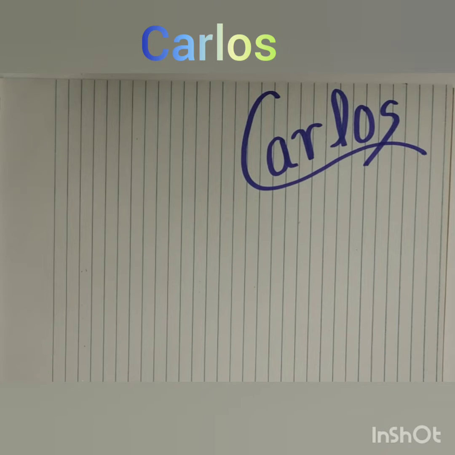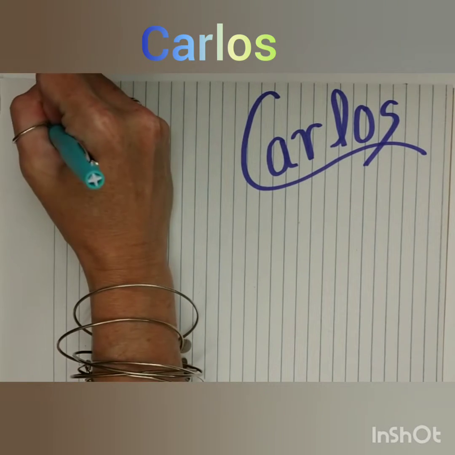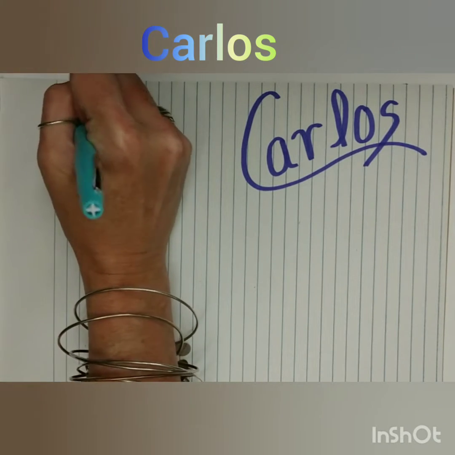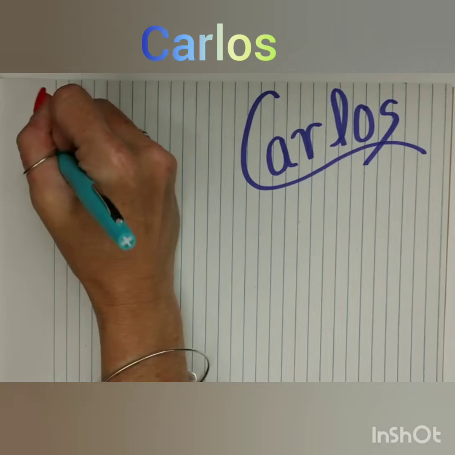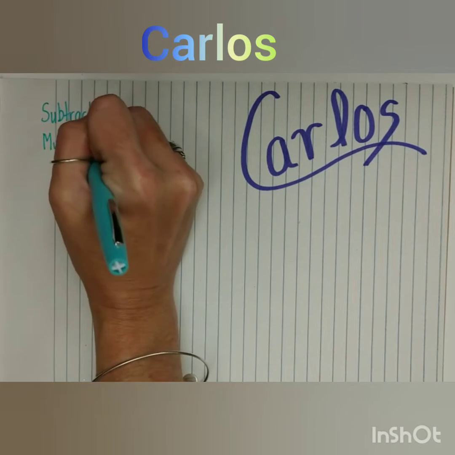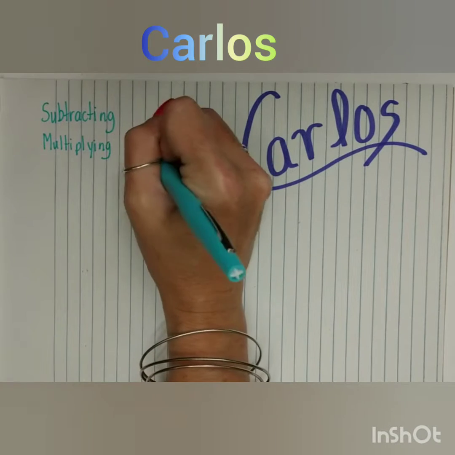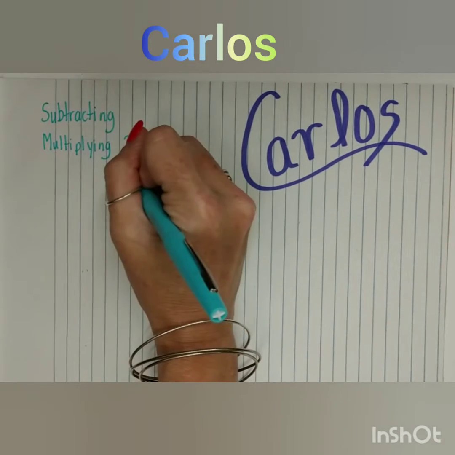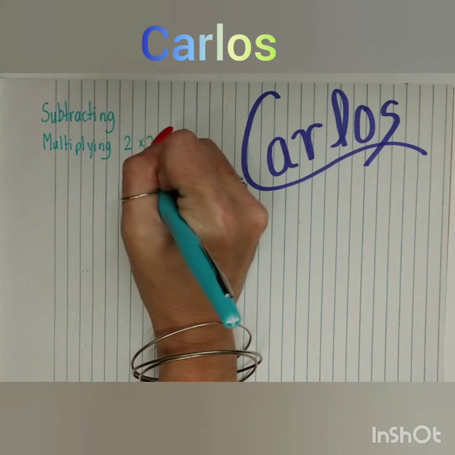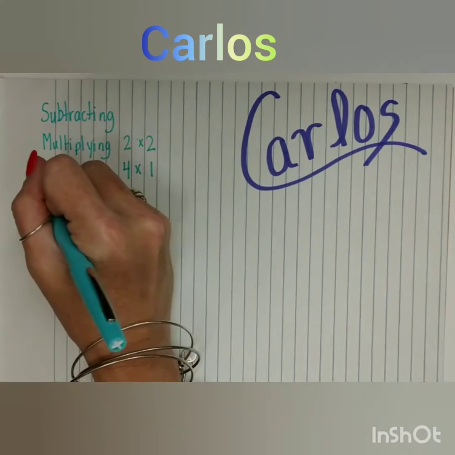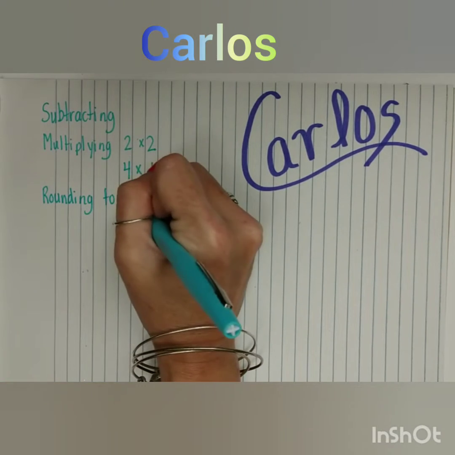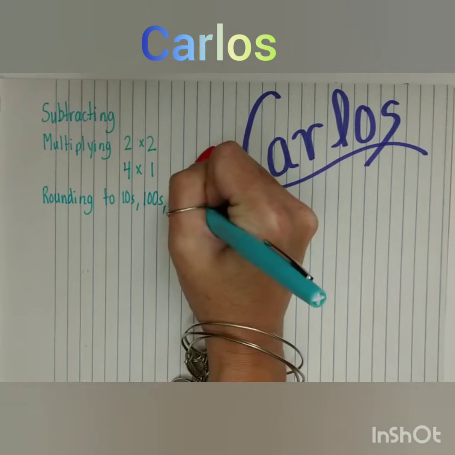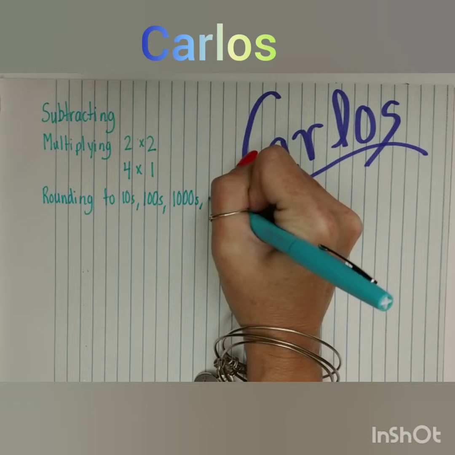We're going to work on some things that i-Ready says you need to be ready for FSA. So I'm going to write down the topics they say you need. The first one is subtracting. Multiplying two-digit by two-digit numbers, multiplying up to four-digit by one-digit numbers, and rounding to the tens, hundreds, thousands, and 10,000s.